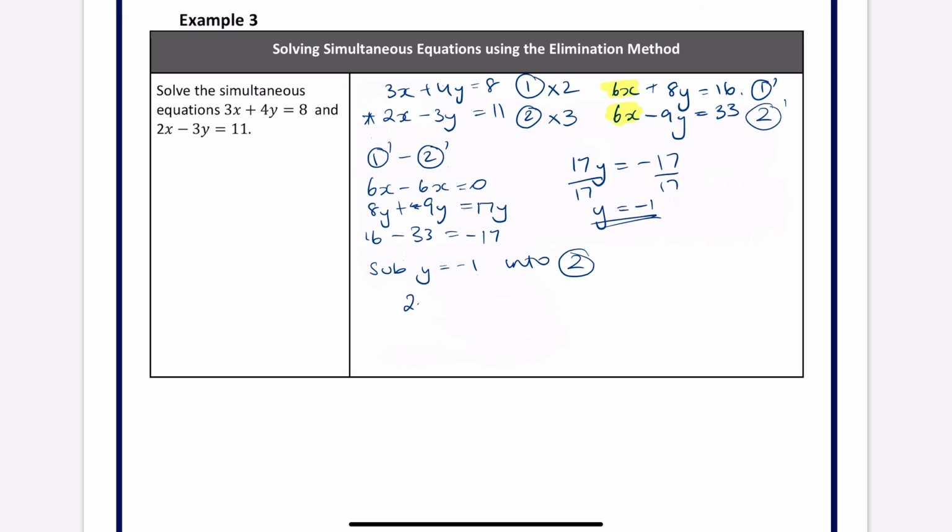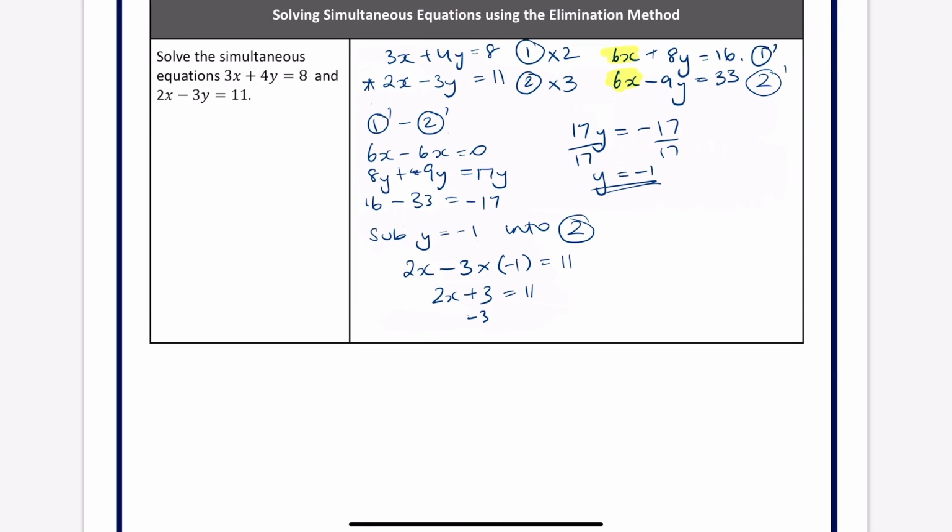So 2x, we don't know, minus 3 times -1 equals 11. Okay, so -3 times -1 is going to be +3. So 2x plus 3 equals 11. And we're going to solve this two-step equation by minusing 3 on both sides. 2x equals 8, 11 minus 3, yep, it's good to always check.